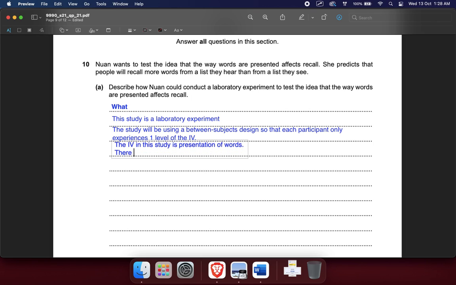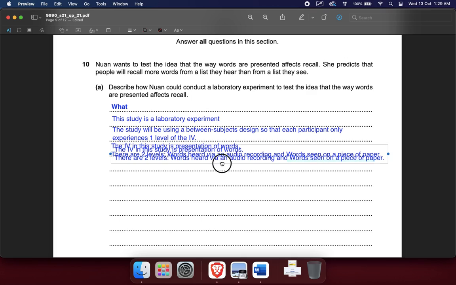There are two levels: words heard via audio recording and words seen on a piece of paper. It's good to be specific when you want to operationally define the IV and DV.